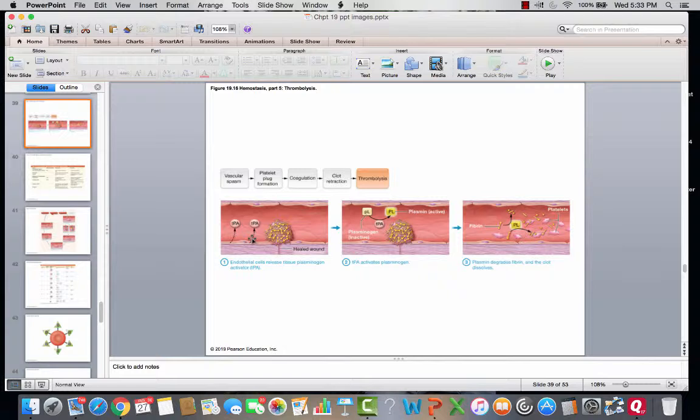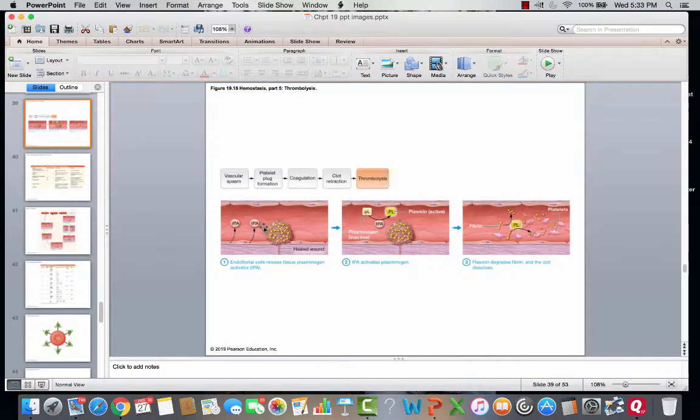If there's no blood vessel damage, and we know that it's just a clot that needs to be broken down, we can administer TPA and help to break down a clot that is possibly causing stroke symptoms and help a patient not have as much damage to areas in the brain that are being affected by that clot causing stoppage in blood vessels in the brain.